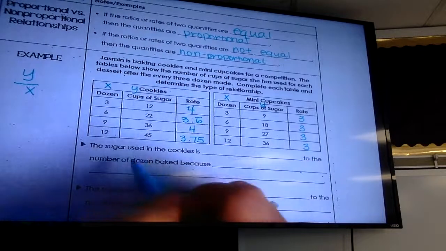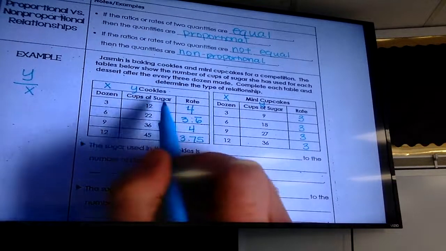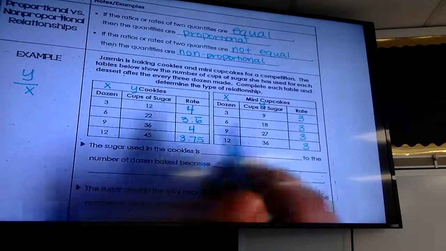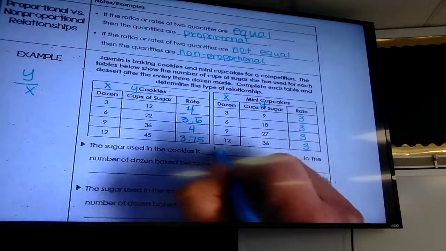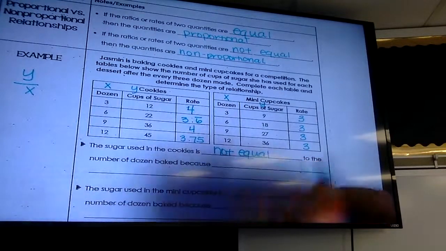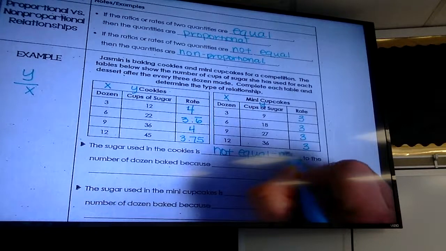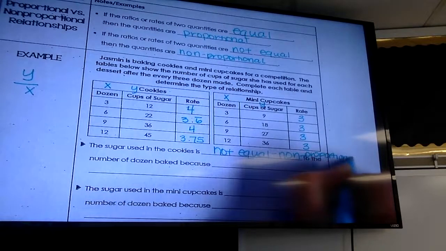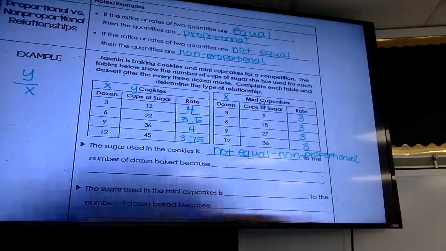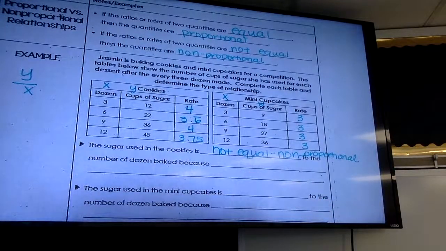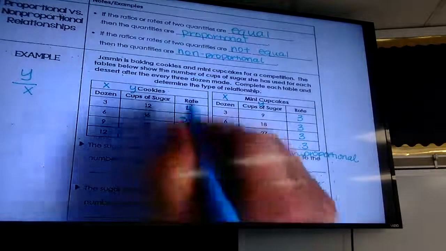So I'm going to look at the sugar in the cookies used first. I would say the sugar used in the cookies is not equal, or we can use the word non-proportional. Probably should have used that one instead. The sugar used in the cookies is non-proportional to the number of dozen baked because, well, why is it considered non-proportional?